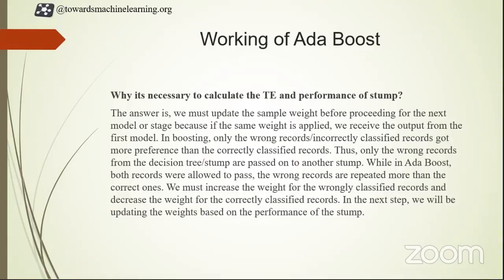Thus only the wrong records from the decision tree or the stump are passed to another stump. So we must increase the weight of the wrongly classified records and decrease the weight for the correctly classified records.